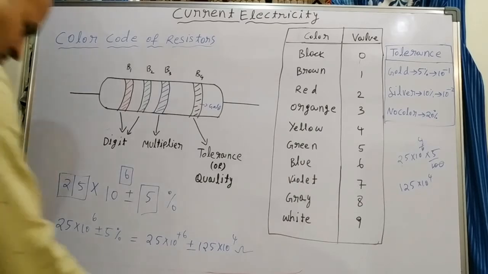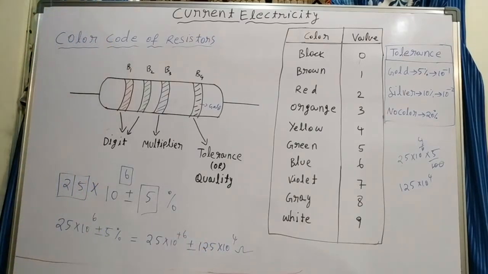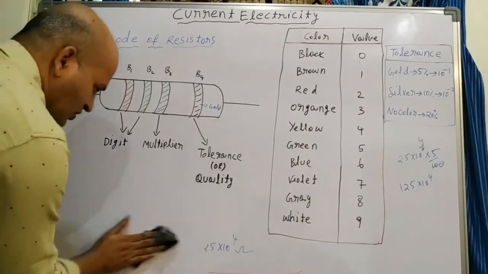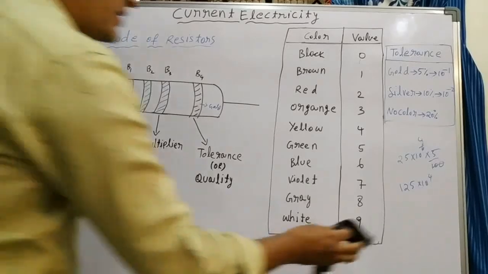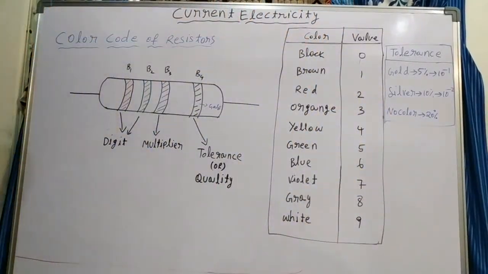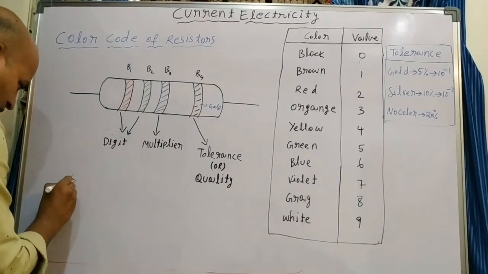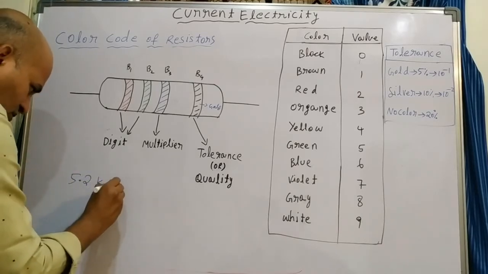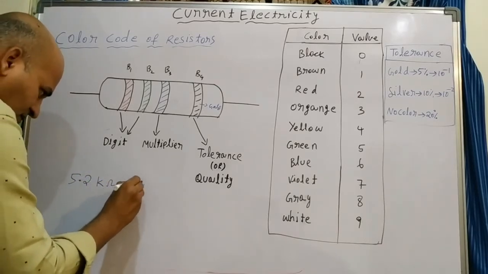Suppose they give the reverse, they give another value. If they give a numerical value, how do we find the band colors? Suppose they give 52 kilo ohms plus or minus 10%.